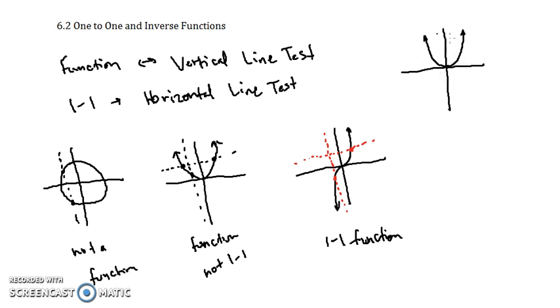We need this to be one-to-one, so what we can do is restrict the parabola, just like we did in the piecewise defined function section. If we were to restrict our parabola to just this part of it, okay, so I'm going to erase this.